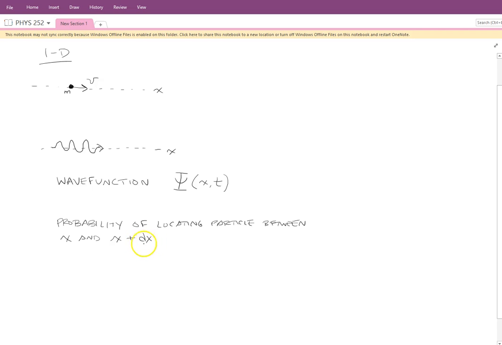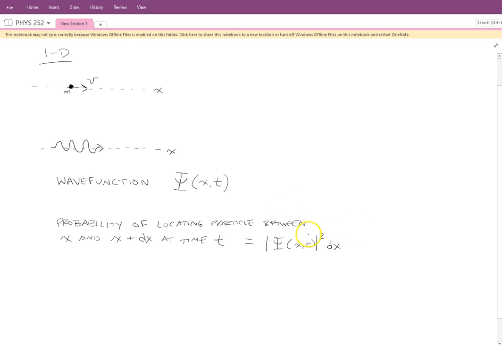A tiny, tiny distance. So the probability of locating the particle between position x and x plus dx at time t is equal to this probability. What you do is you take the square of the wave function at position x at time t, and then you multiply by that tiny distance dx.